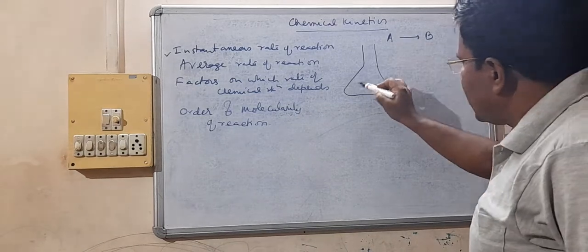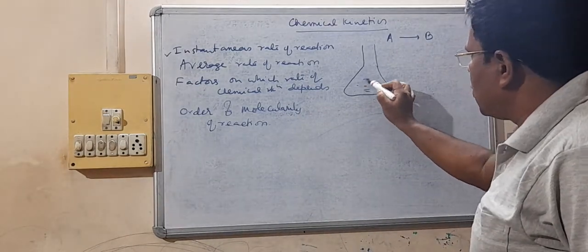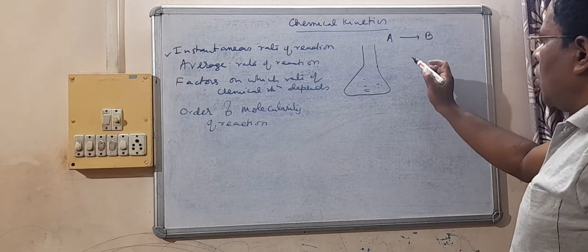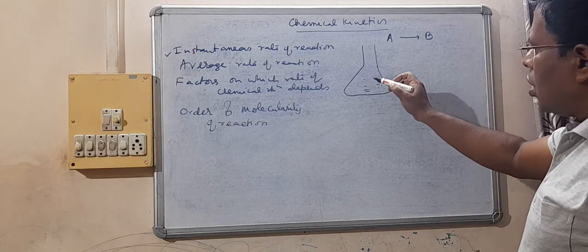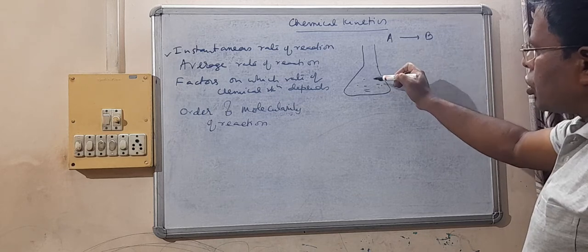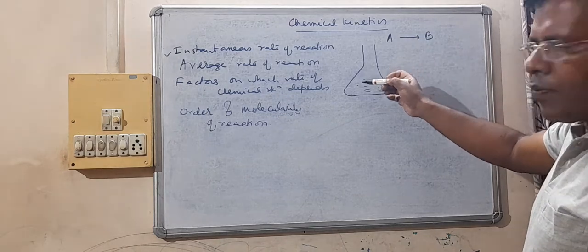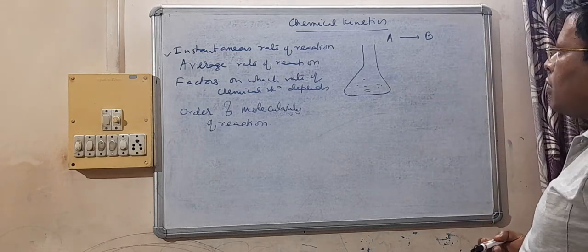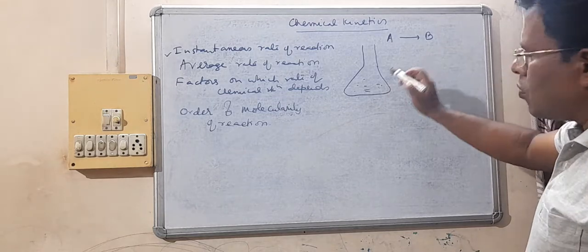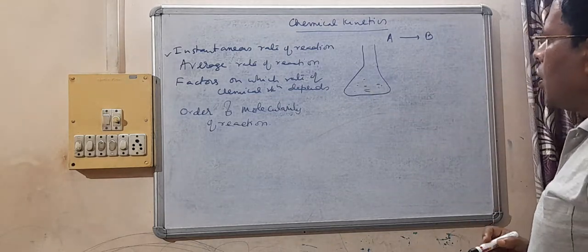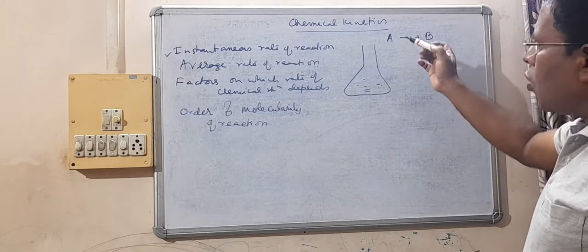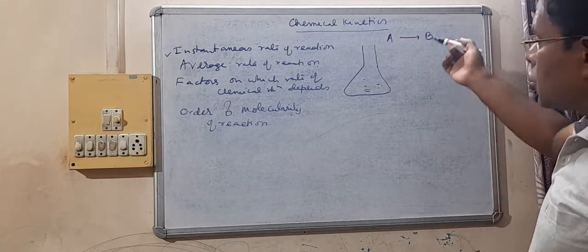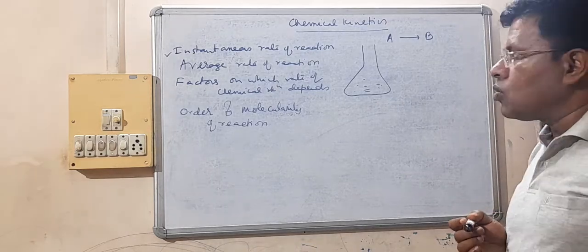This reaction is taking place inside this conical flask, and with time concentration of A will decrease and concentration of B will gradually increase. At 0 time concentration of B is 0. With time concentration of A, which is a reactant, is going to decrease, and concentration of B, which is a product, is going to increase.